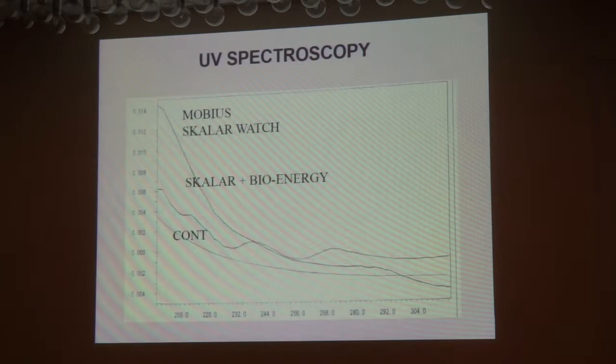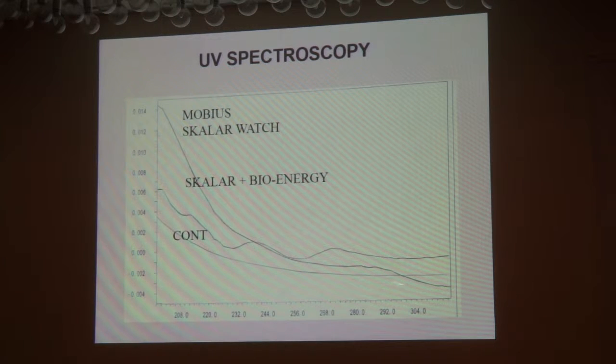Now, here's an interesting experiment where I used the Mobius strip in the Tesla watch developed by Andrija Puharich, which in itself caused a very large effect, and sort of a crisscross over here.